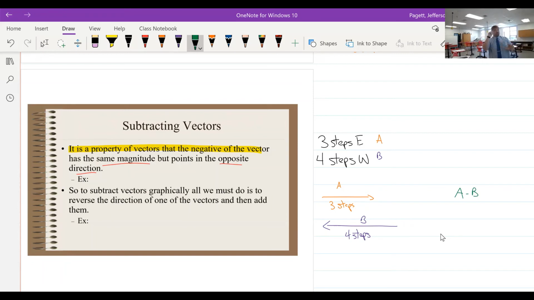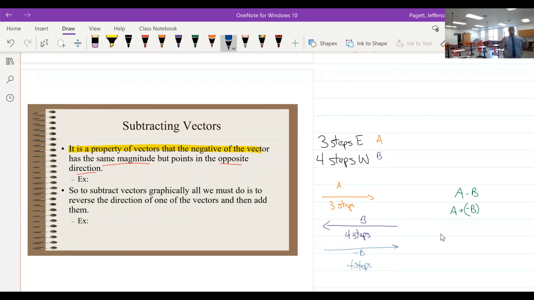And so if I want to do A minus B, now again, I'm going to do something tricky mathematically. A minus B is the exact same thing as A plus a negative B. A negative B, and I'm going to put this in a light blue just to distinguish it from B. This is negative B. And so this is still 4 steps. But now it's in the opposite direction.